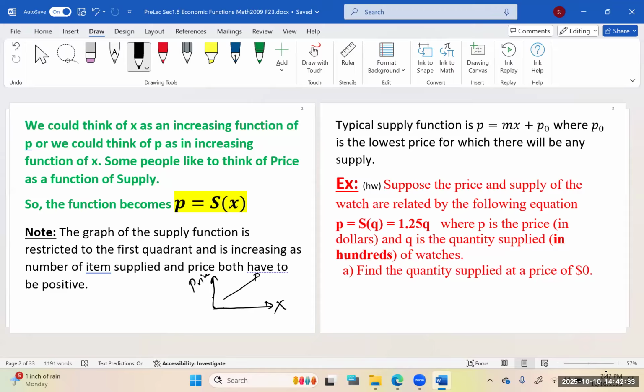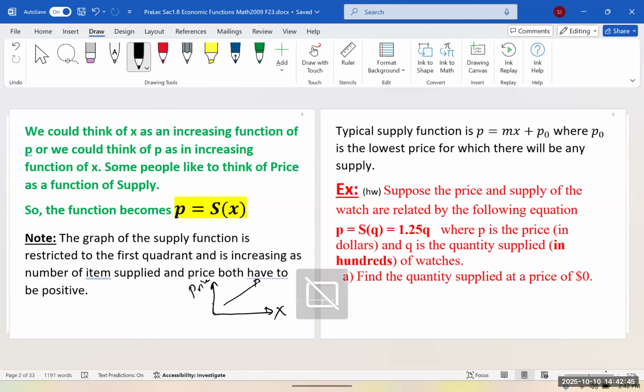The first question says, find the quantity supplied at a price of $0. So the equation they gave us is P equals 1.25 Q, and they are asking how many watches you can produce with $0.